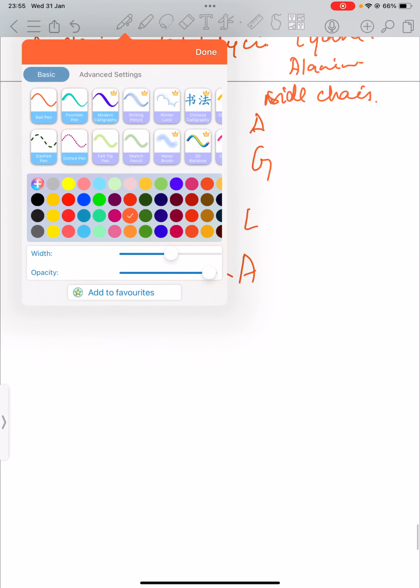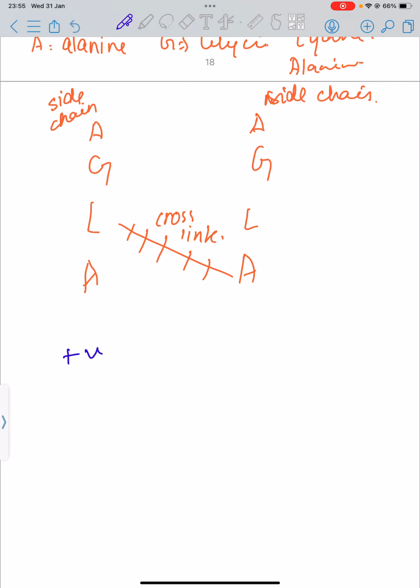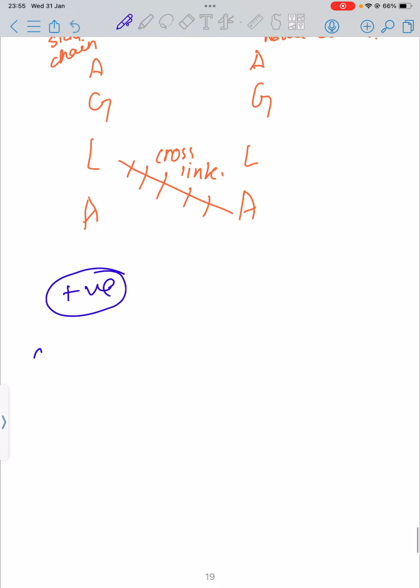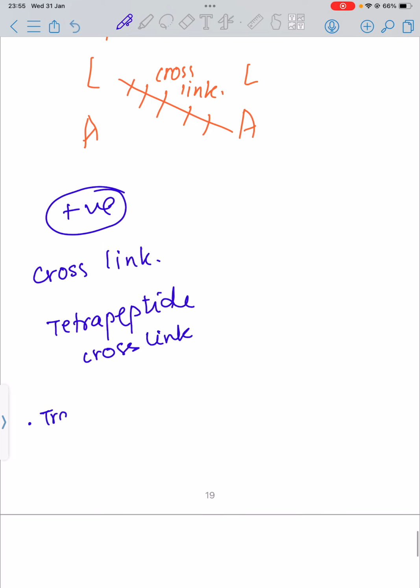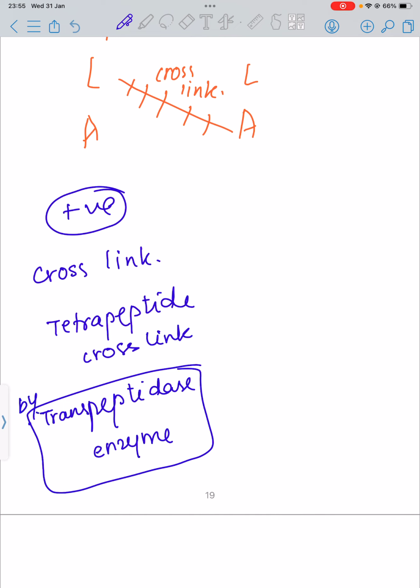So in case of gram positive, this cross link is a peptide cross link, which is done by the transpeptidase enzyme. Got it? By transpeptidase enzyme.